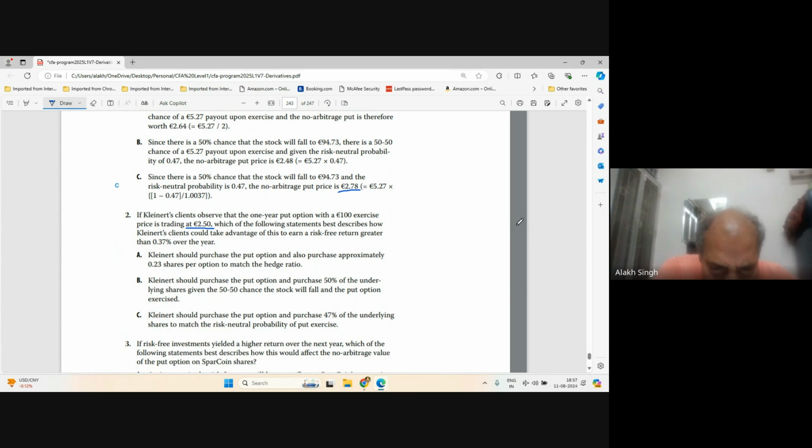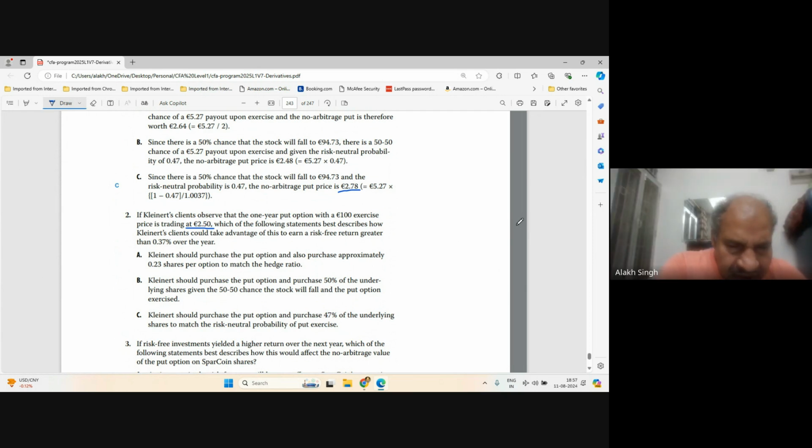Which one is the correct one? Option B: clients should purchase the put option and purchase 50% of the underlying shares. No, B is wrong. Option C: clients should purchase the put option and purchase 47% of the underlying shares to match the risk. So what is the hedge ratio?